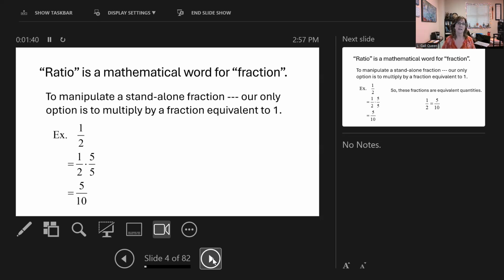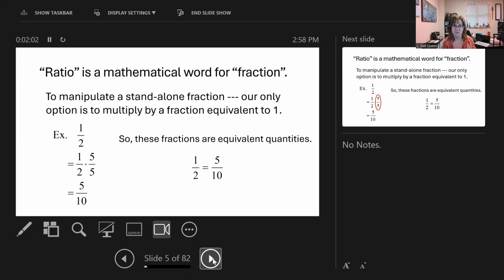We're really just multiplying 1/2 by 1, and so we end up getting the fraction 5/10. So we found another way to express 1/2. 1/2 and 5/10 are equivalent quantities, and we went from one to the other by multiplying by a fraction equivalent to 1.